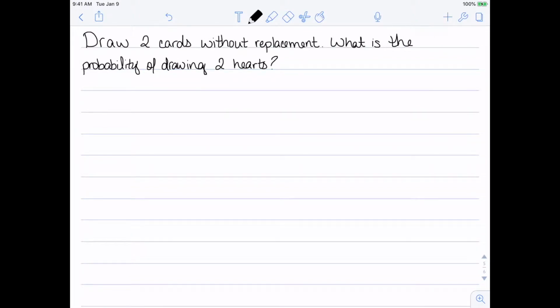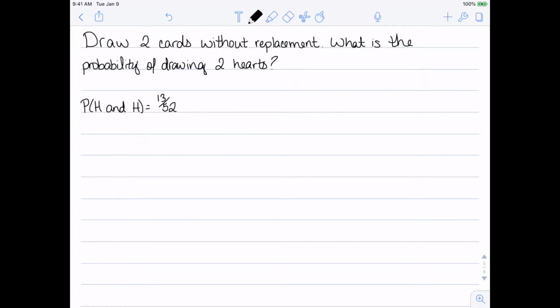Let's look at another example. This time we want to draw 2 cards without replacement. So what's the probability of drawing 2 hearts? So I really only changed one word in this problem. Before we were drawing 2 cards with replacement, now we're drawing without replacement. When we draw the first card, there are 13 hearts out of 52 cards. However, the second card is now different. The fact that we're doing this without replacement means once we draw the first card, we keep it out of the deck.